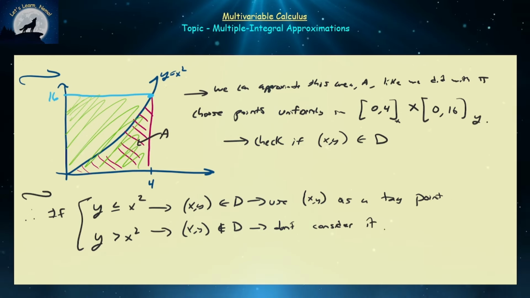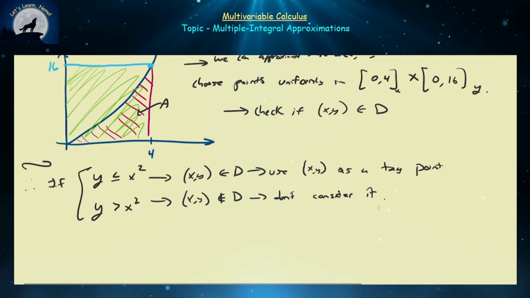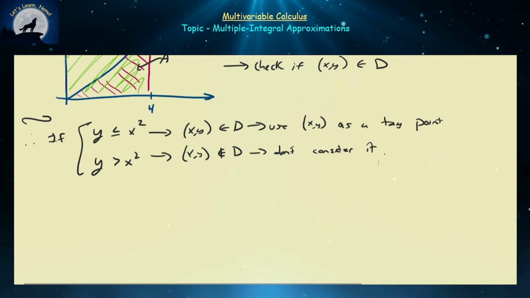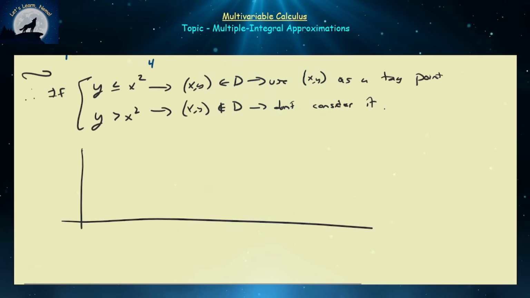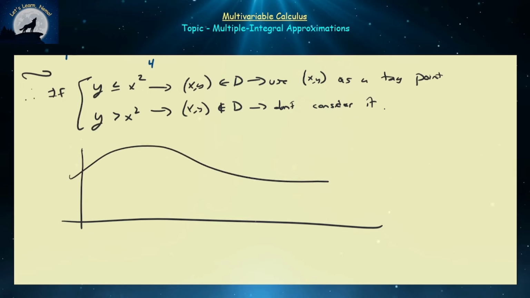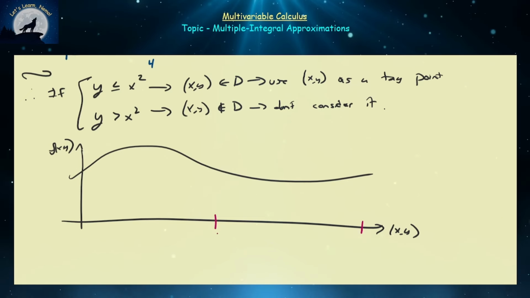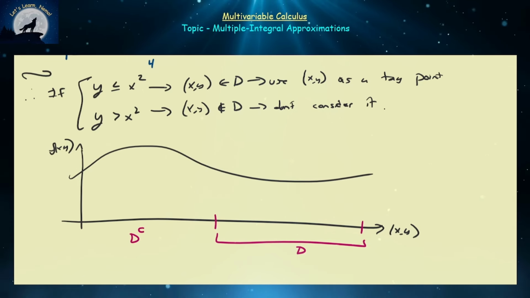So once we have our tag points, keep in mind, repetition could occur here. But is that really going to be a concern? If we consider this from some perspective, let's assume this is the xy axis, and this is the f of xy axis. Notice that if our region is, let's say, over here, let's assume this is D and this is not D, the complement.